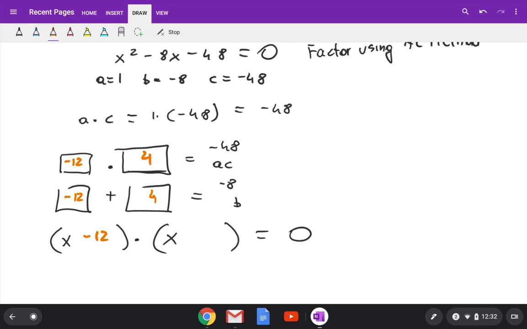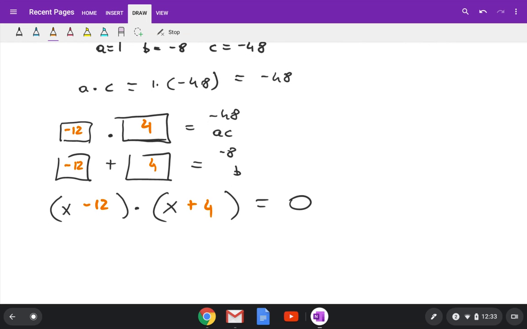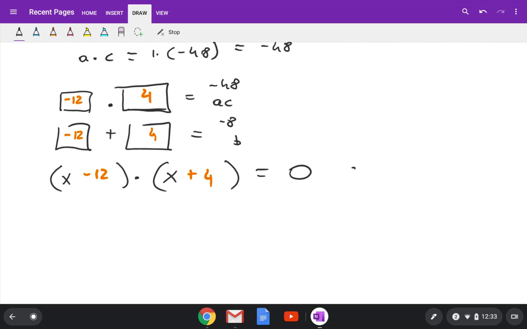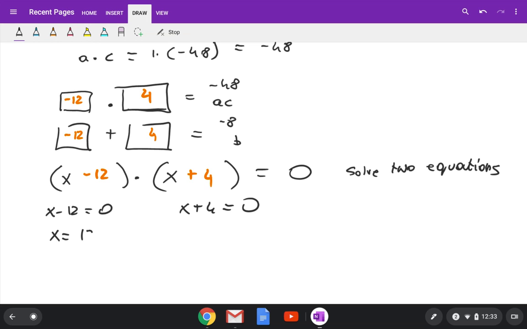The second factor was positive 4, so we're putting plus 4. And now you're just solving two equations. You have x minus 12 equals 0, x plus 4 equals 0. So we're getting x equals 12, x equals negative 4.